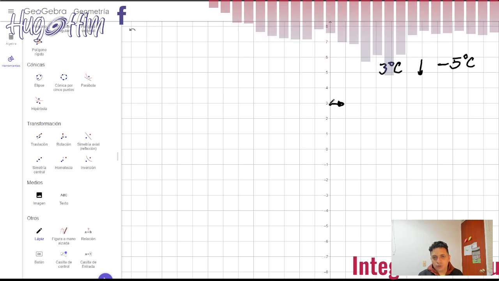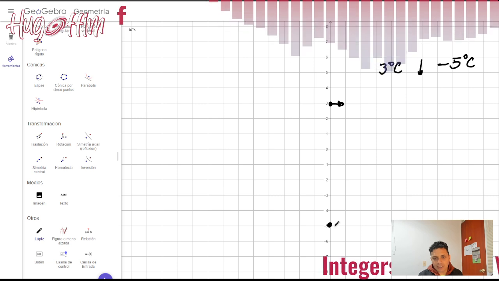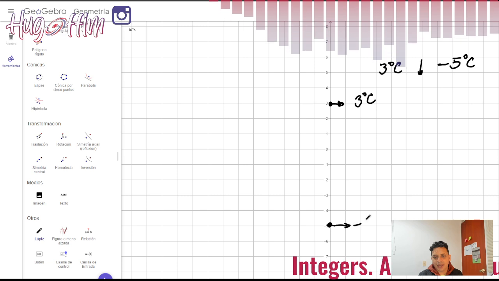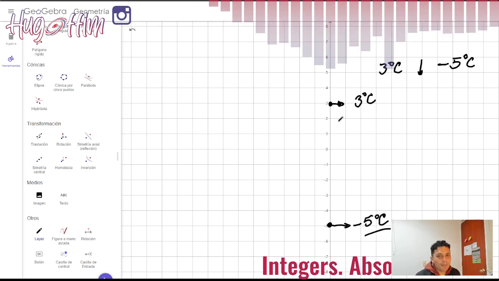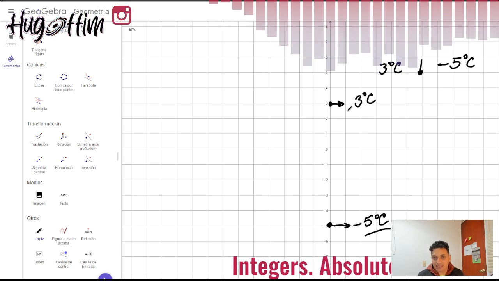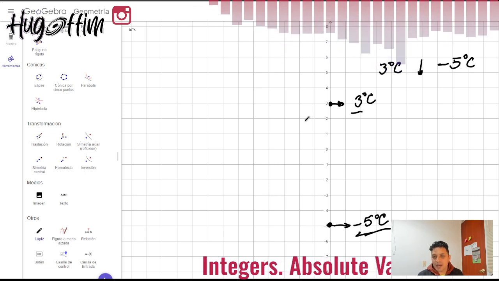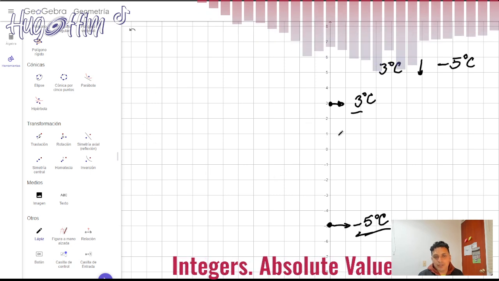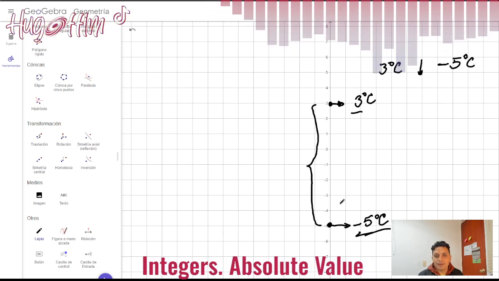So what I need to do is to move from this point until this point that is -5 centigrade degrees. Here I have 3 centigrade degrees, here I have -5 centigrade degrees. I want to know what was this decrease of temperature, how many degrees I passed from 3 to -5. If I use my thermometer or the number line, I just need to observe that the units that I decrease are given by this interval.